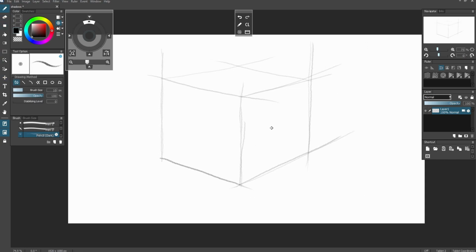Okay, so this is done, and let's just make our shape. So for that we need to make the inside, because we're going to need this side of the cube here. Alright, so this cube is done, and let's make the first side so that you know how this is going to look like.